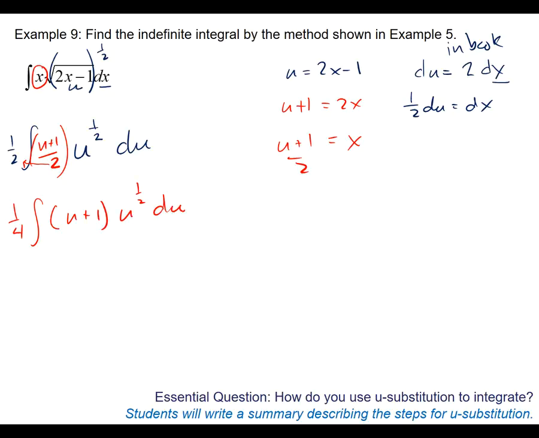We don't have a product rule for integrals, so I don't have something like that that I can do just now. Let's distribute first. Remember, this is like saying 2 over 2.